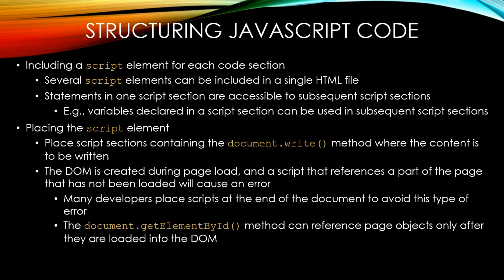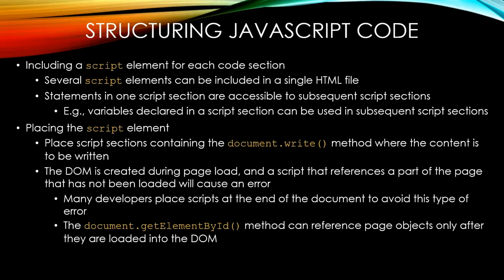A single file HTML can actually have several or many different JavaScript elements. Please remember that statements in one script section are in fact accessible to any other script sections that follow it. Variables can be declared in a script section at the top of an HTML file, and they can be used towards the bottom or in other subsequent script sections.